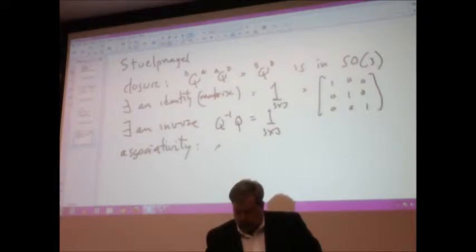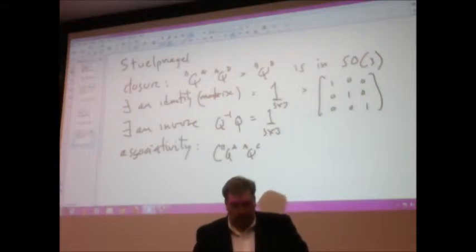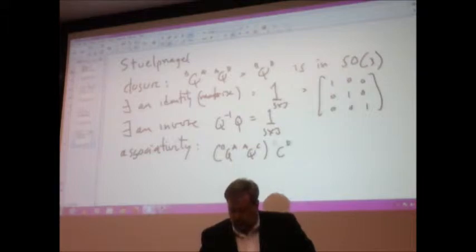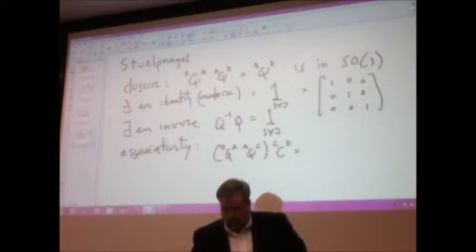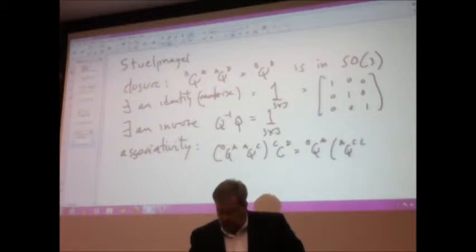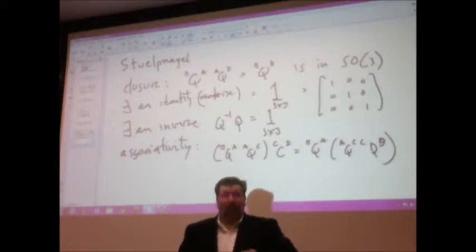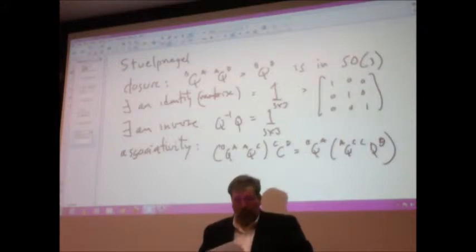Associativity here means if I have one direction cosine matrix, let's say from A to B, and another direction cosine matrix from C to A, it doesn't really matter what they are, multiplied by yet another direction cosine matrix from, I don't know, D to C, I could change the parentheses around and end up with this, and it's still completely the same answer. I can group or collect on any of these things. The order of operations doesn't matter.